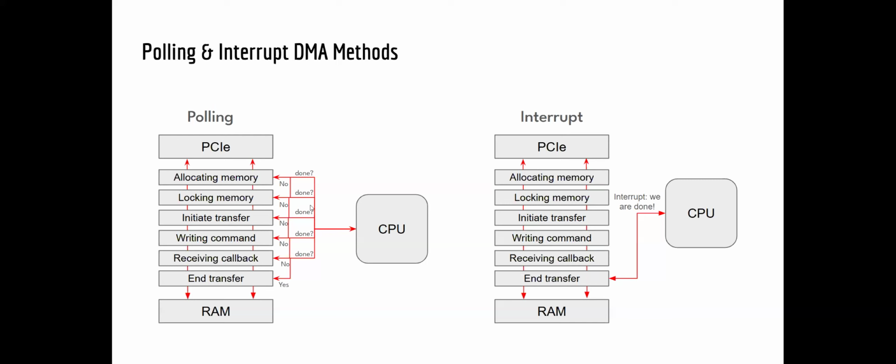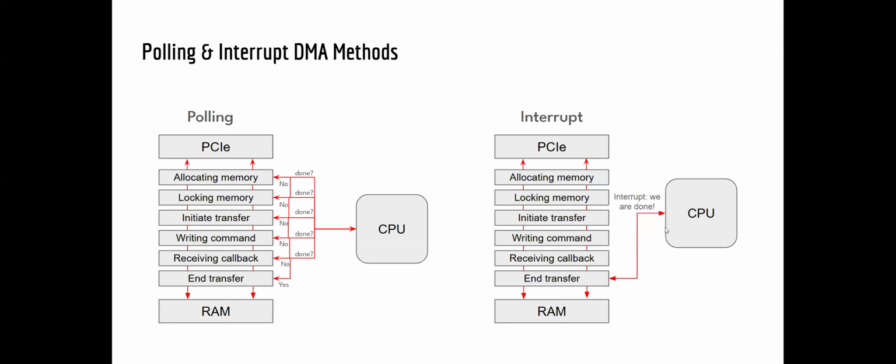So another option to perform this operation is with the interrupt method. The PCIe and the RAM facilitate the connection with the locked buffers, and the program executes and all the memory is flowing. And when the transfer is done, an interrupt is raised using an interrupt handler, saying to the CPU, the transfer is done.